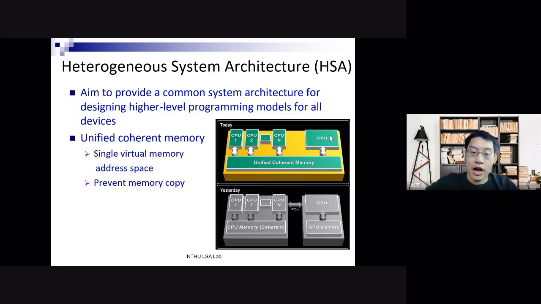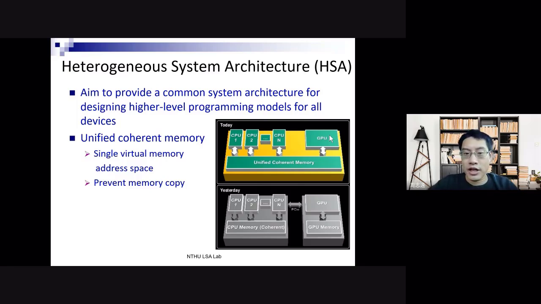Okay, however, if you can achieve that, then what's the benefit? The benefit is you can greatly reduce the memory copy time, because after we introduce GPU programming, you will know that memory copy or data transfer is the main bottleneck for GPU or for any accelerator.